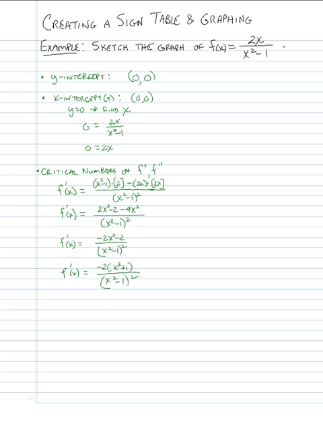Now, while I was doing this, something occurred to me that we should already know a little bit about rational functions. And we ought to know a little bit about where this thing has asymptotes. Okay, so we know that it should have vertical asymptotes wherever the function is not defined.